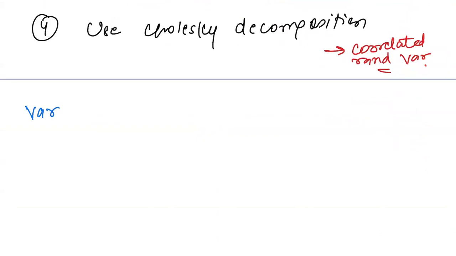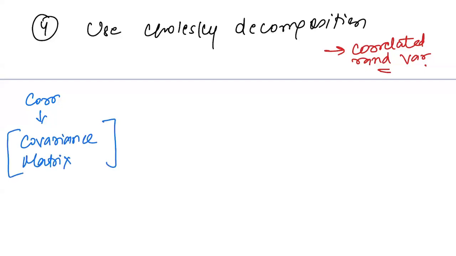First, if you have seen my variance covariance video, you know that we calculate the correlation using the covariance matrix. So once we have the covariance matrix, we will generate the Cholesky decomposition matrix.